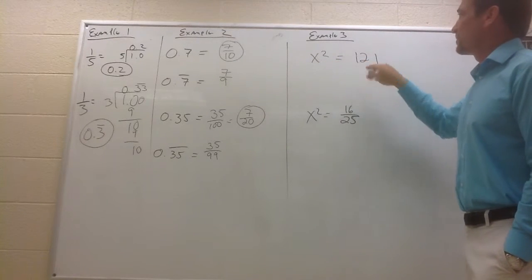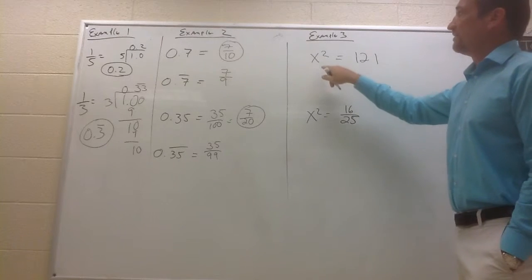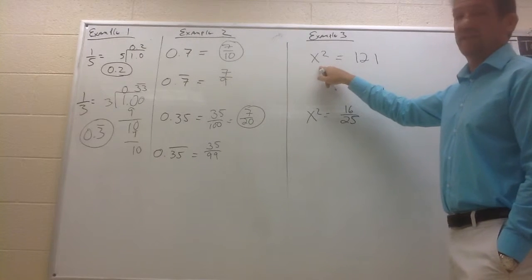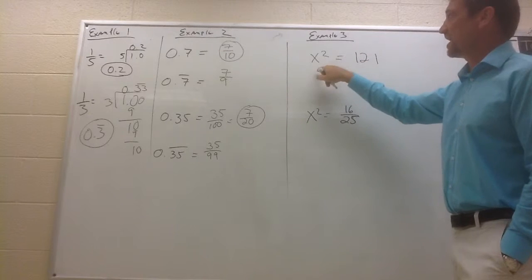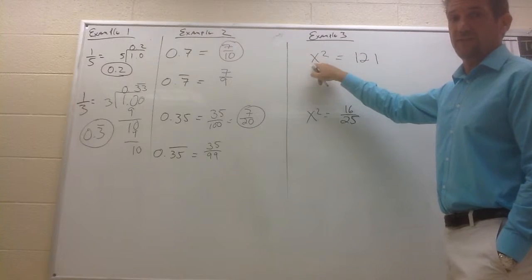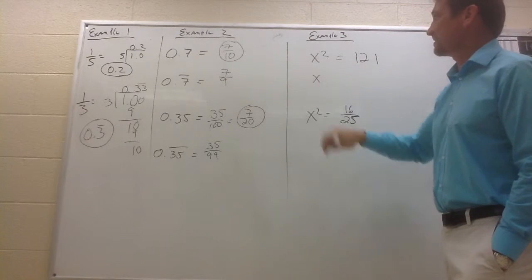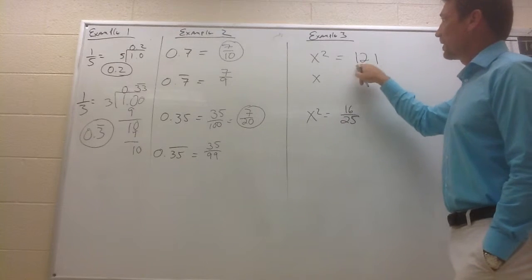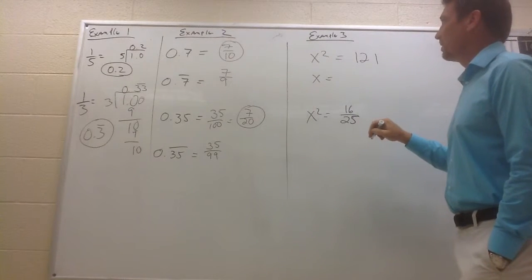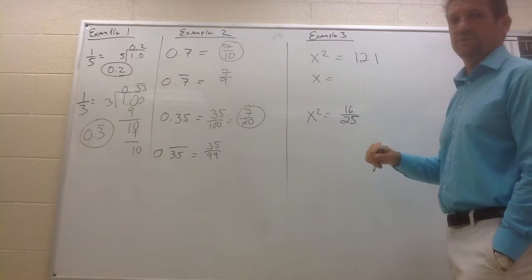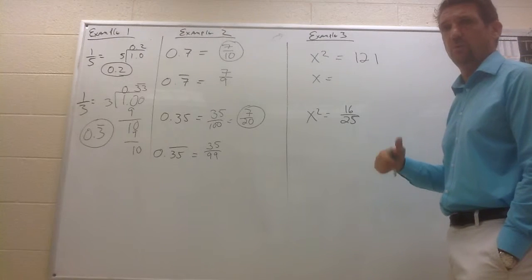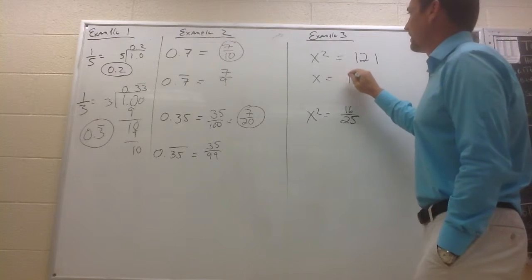We have x squared equals 121. To find out what x would be, we would find the square root of both sides. The square root of x squared is x. And the square root of 121, which two numbers multiplied together, same number, would give you 121, would be 11.